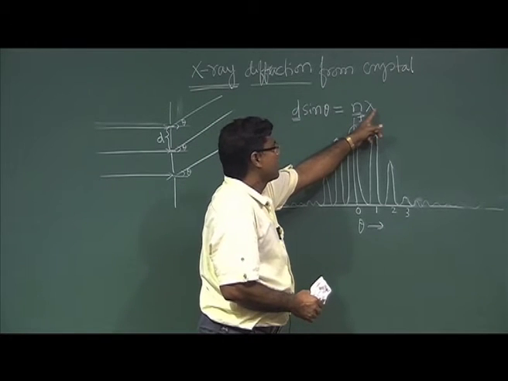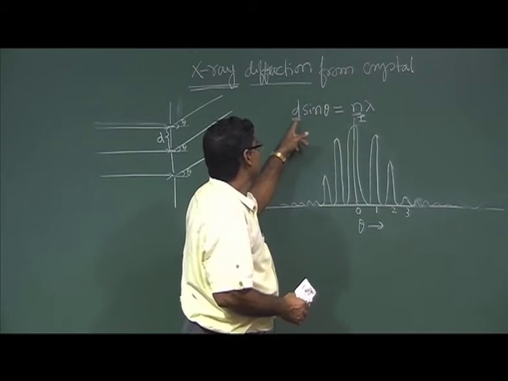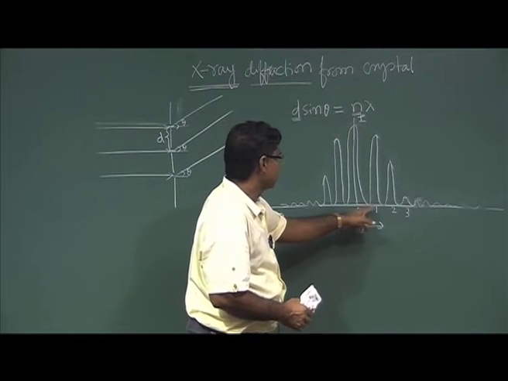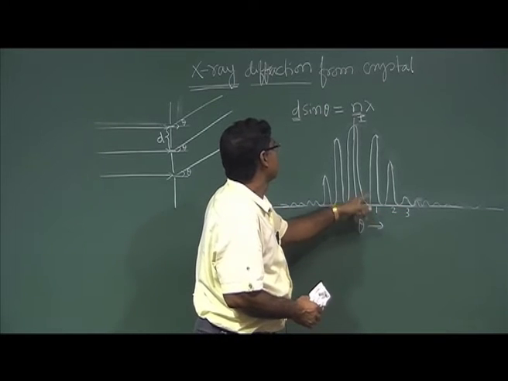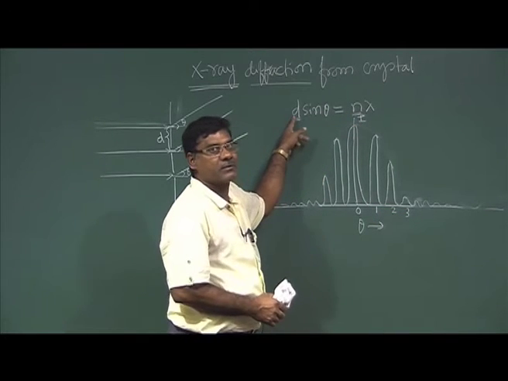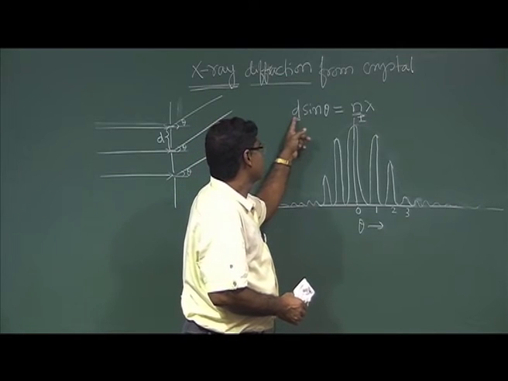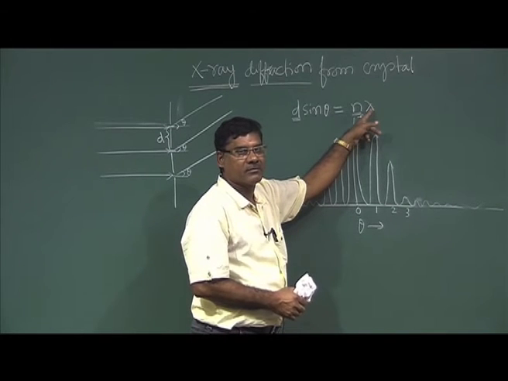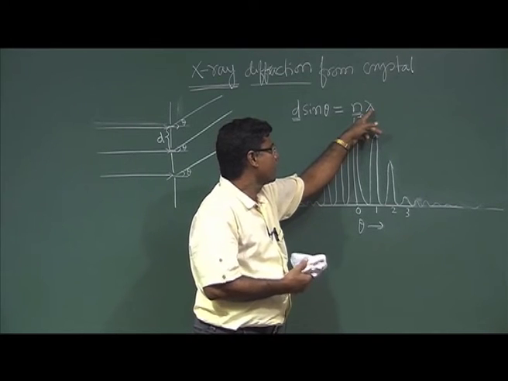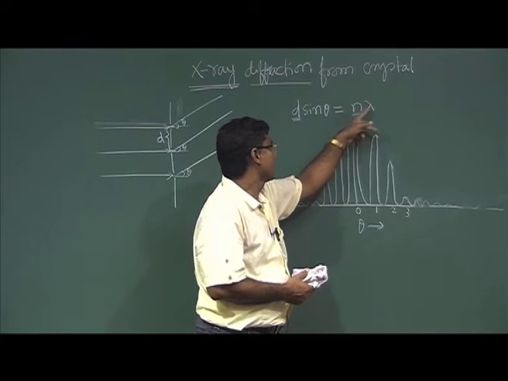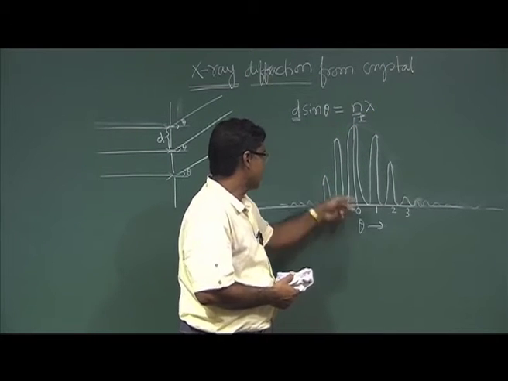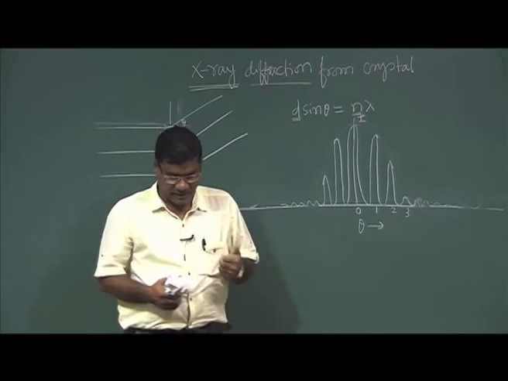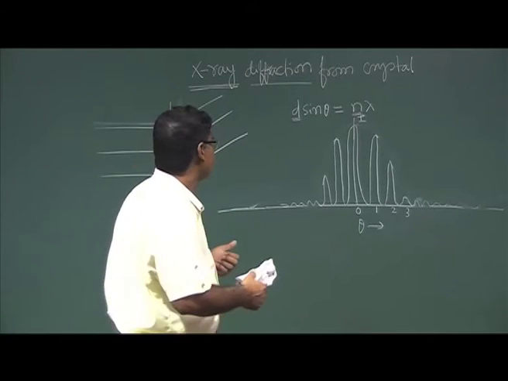If we know lambda, then experimentally one can find theta for different orders, and then we can find d, or if we know d, then we can find the unknown wavelength of light. So, one has to measure this angle experimentally, then one can find either the grating element or the wavelength of light.